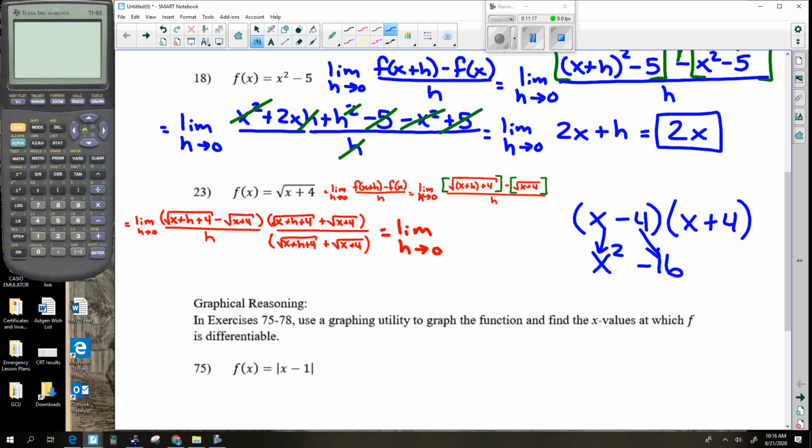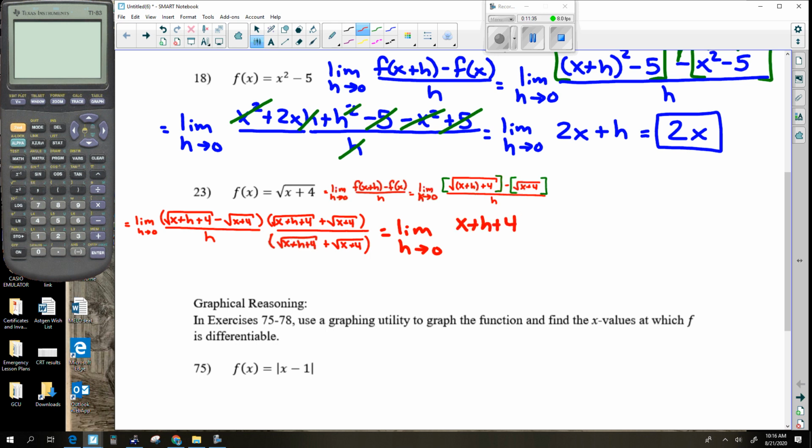In this case, if they're square roots, they will come out to be not square rooted numbers. So this will leave us with x plus h plus 4 minus x plus 4. You square, it gets rid of the square root in essence.